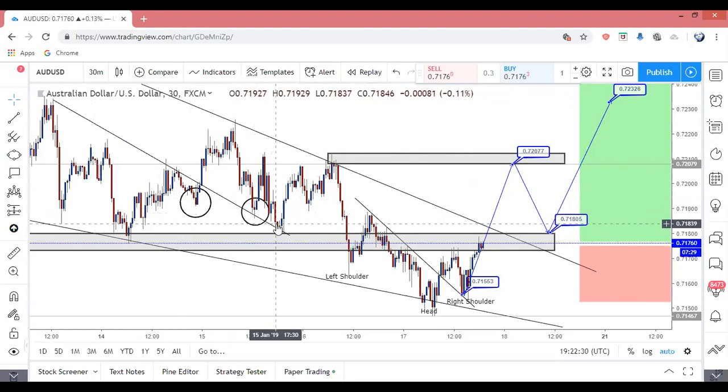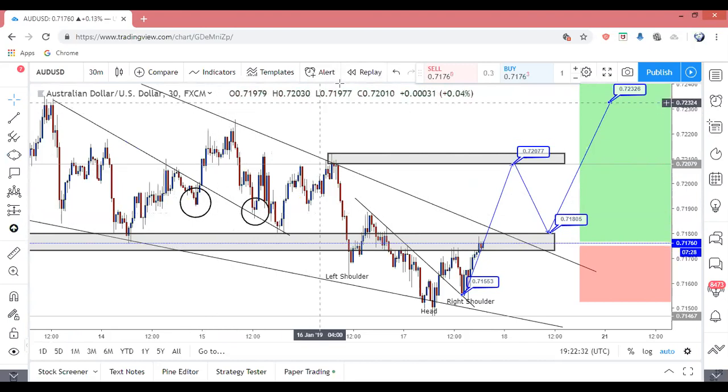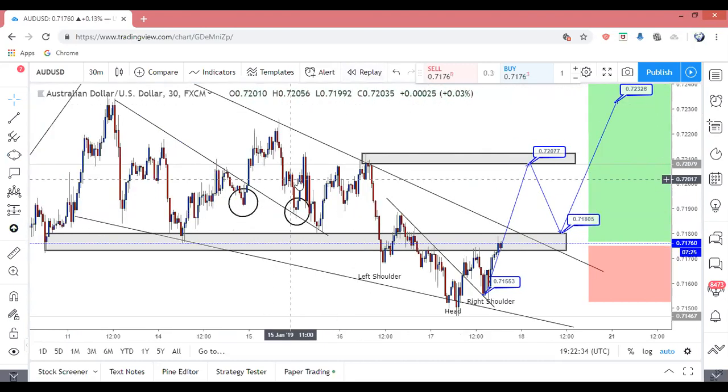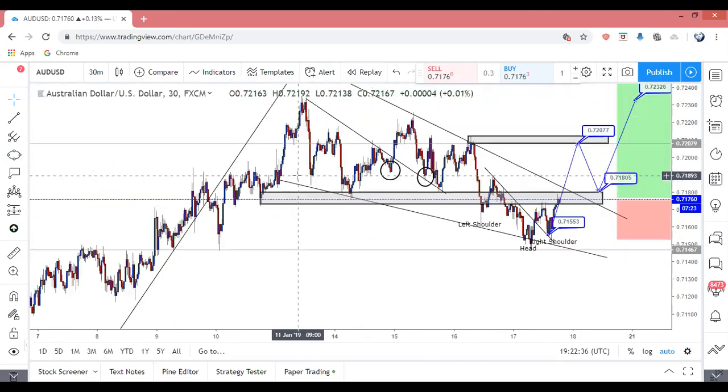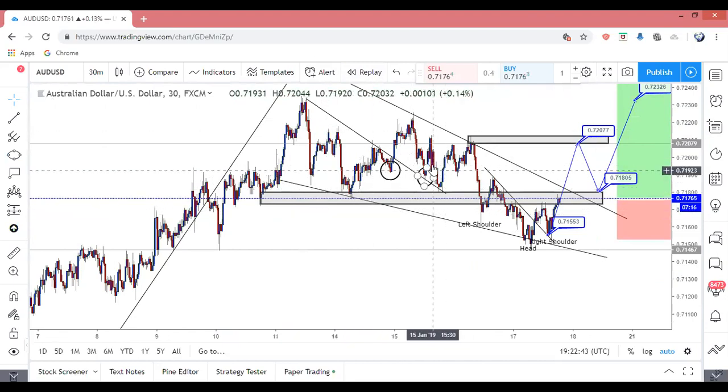And this would have kicked you out because your take profit would have been out, right? Actually it would have been a very great trade. It would have been a really great application of the trend line analysis.